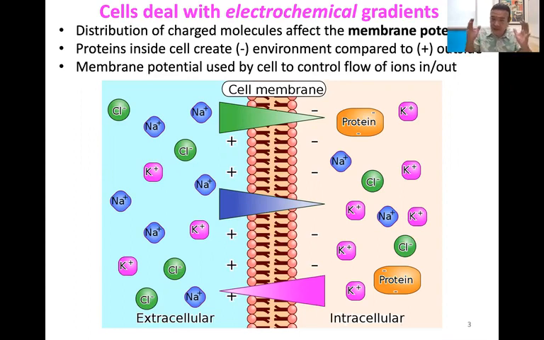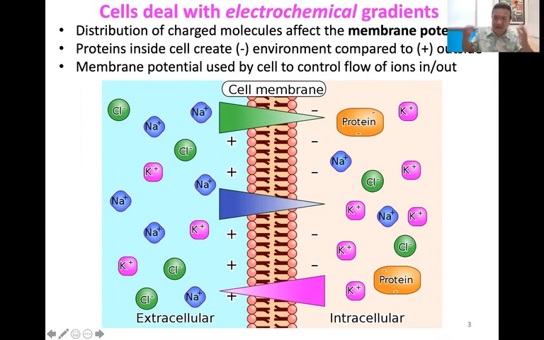Because by keeping it imbalanced like this, you allow for controlled ability of these ions to flow in either direction.